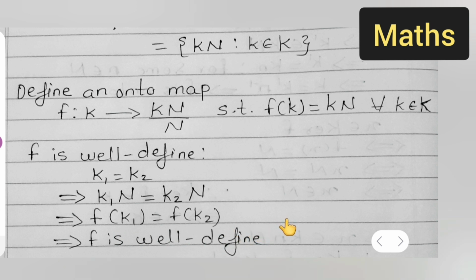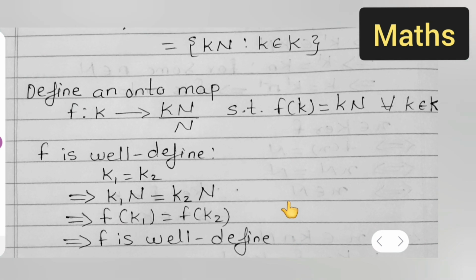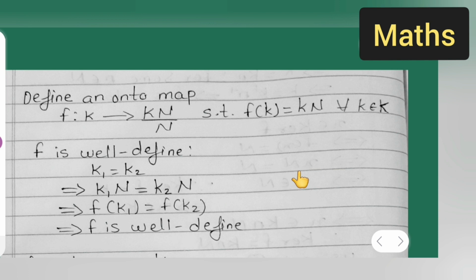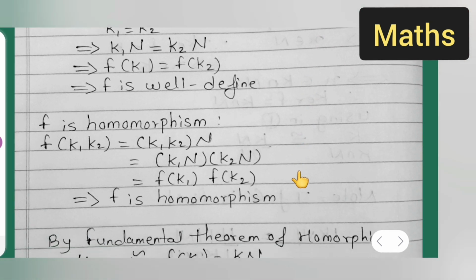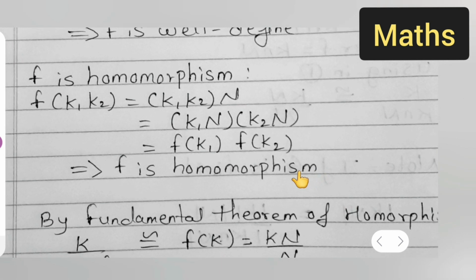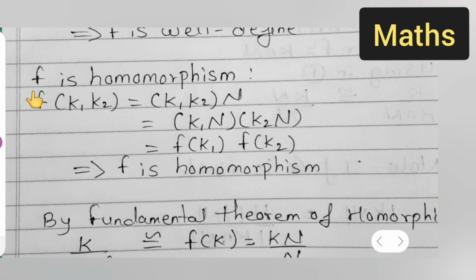Now moving towards the next part, we have to check if f is a homomorphism. To see that f is a homomorphism, we need f of k1 k2 is equal to k1 k2 N. Now take k1 N and k2 N. What condition are we using over here?